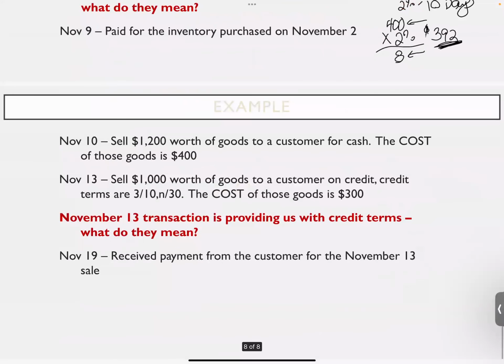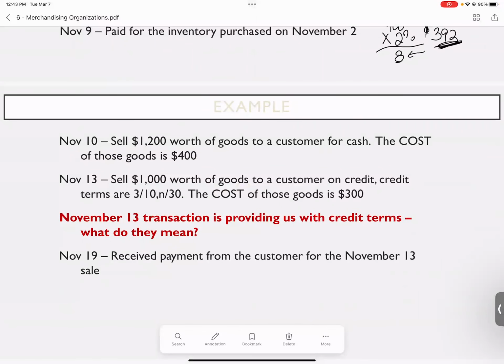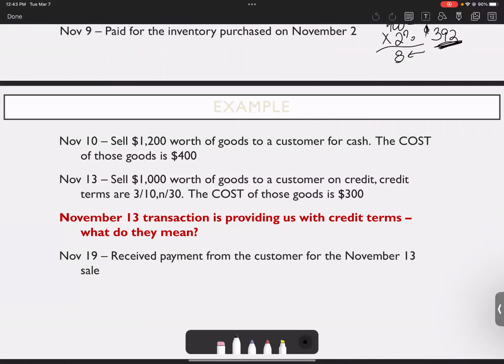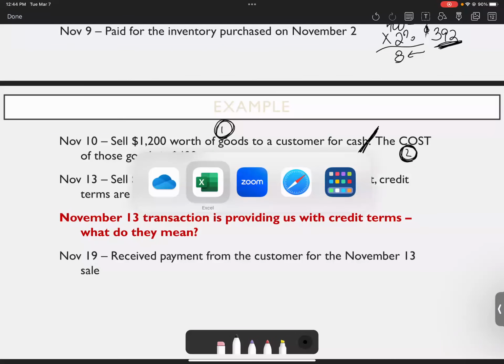But now you'll see that there's an additional piece to our transaction. So I'm essentially breaking our transaction into two. This is the first transaction, the actual sale of the goods. And now the second piece to this transaction is the cost associated with those goods. So you'll remember in the previous lesson, in the previous video lectures, we introduced the new account name.